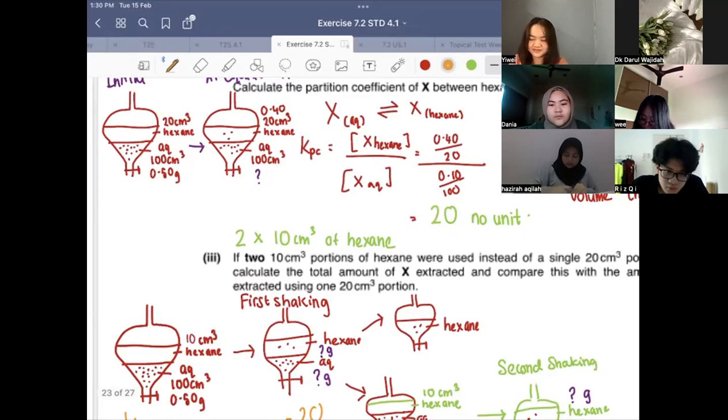I don't know if you are comfortable with that. If you are not, then I will add another line there where y over 10 will be divided by 0.5 minus y over 100, which is equal to 20.